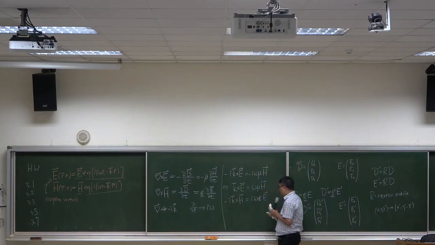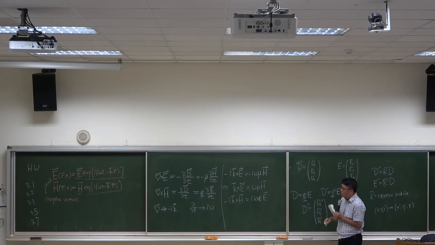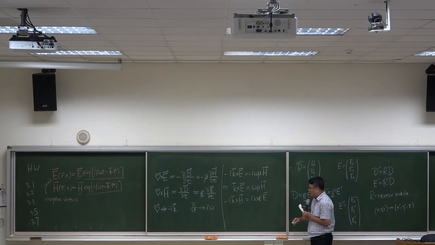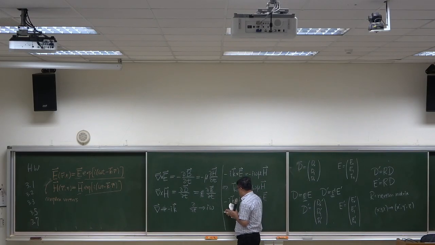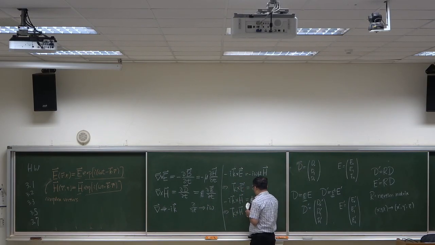This is a matrix in the principal coordinate system. Okay. So this implies that k cross H is equal to minus omega epsilon times E.